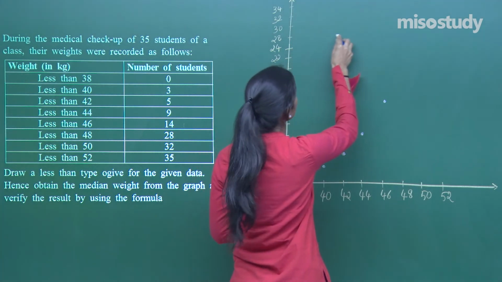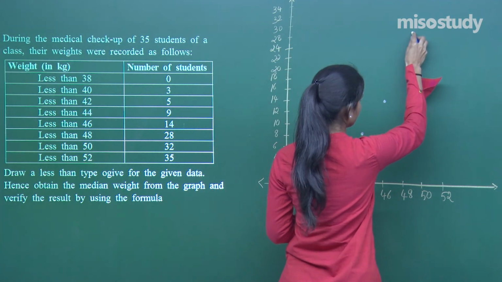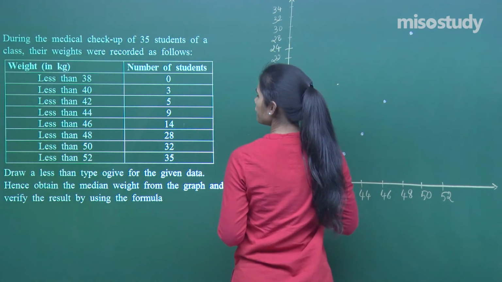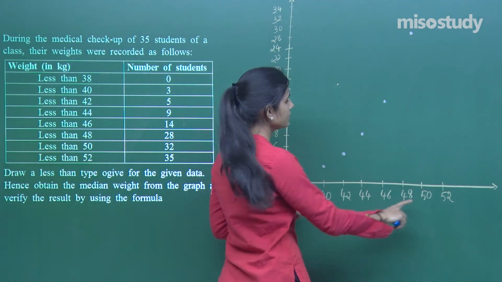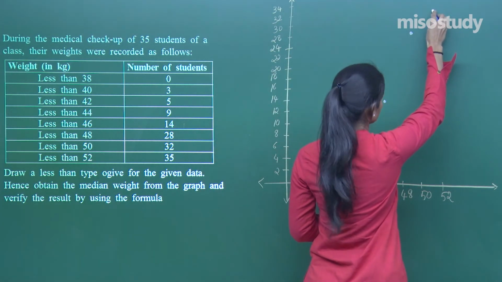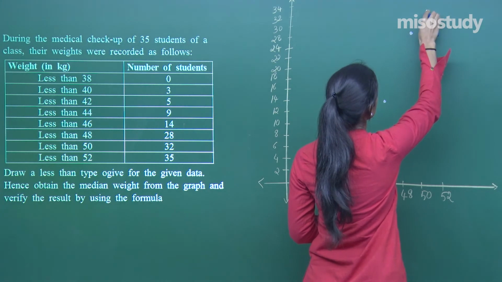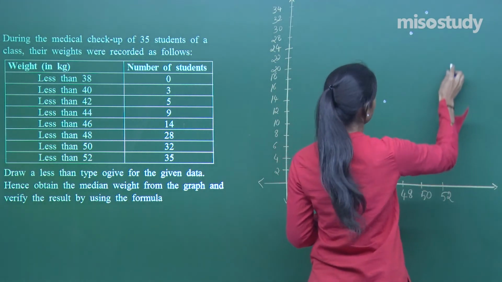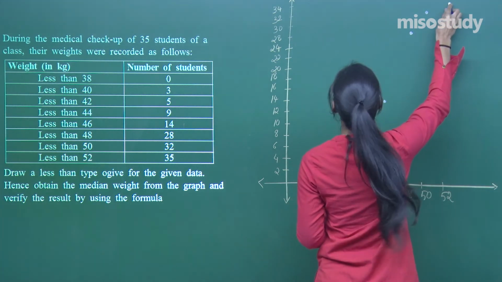Then you have 50, 32, and 52, 35. So corresponding to this you have 35.